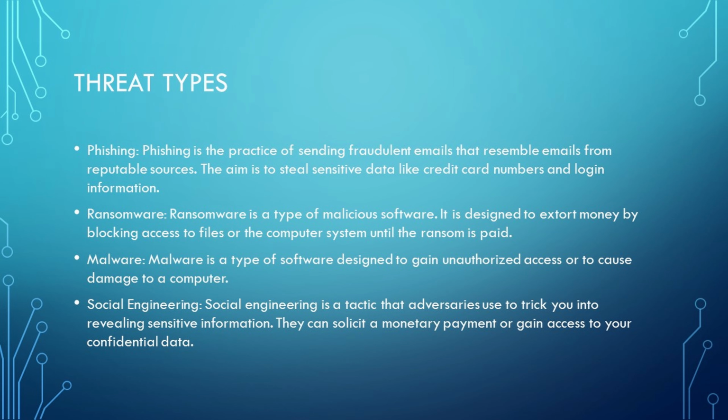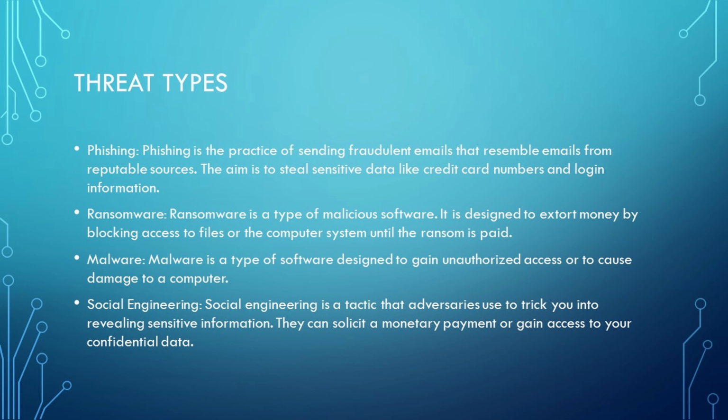Of our major threat types, I'm going to list four here: phishing, ransomware, malware, and social engineering. Phishing is the practice of sending fraudulent emails that resemble emails from a reputable source. The aim is to steal sensitive data like credit card numbers and logon information. Ransomware is a type of malicious software.